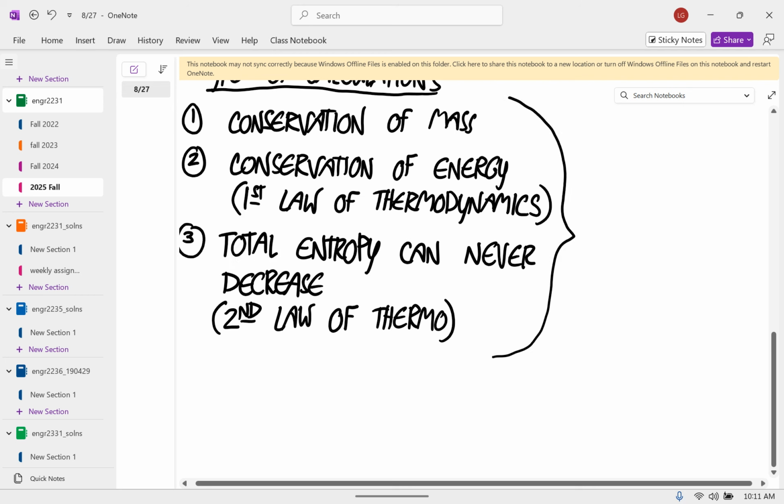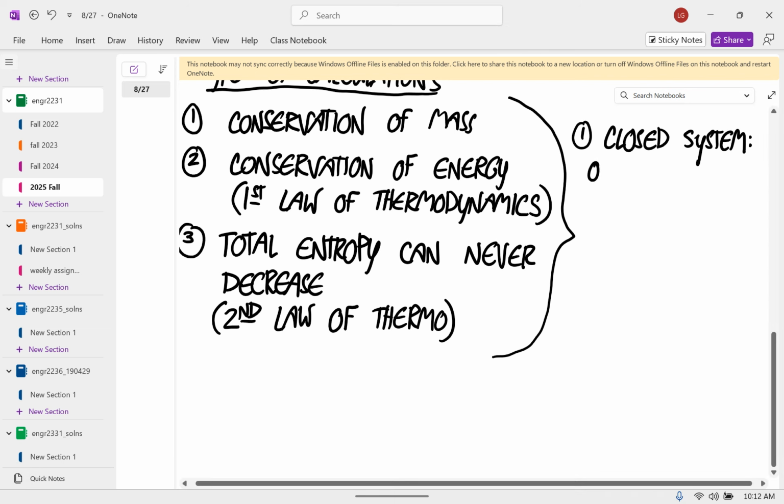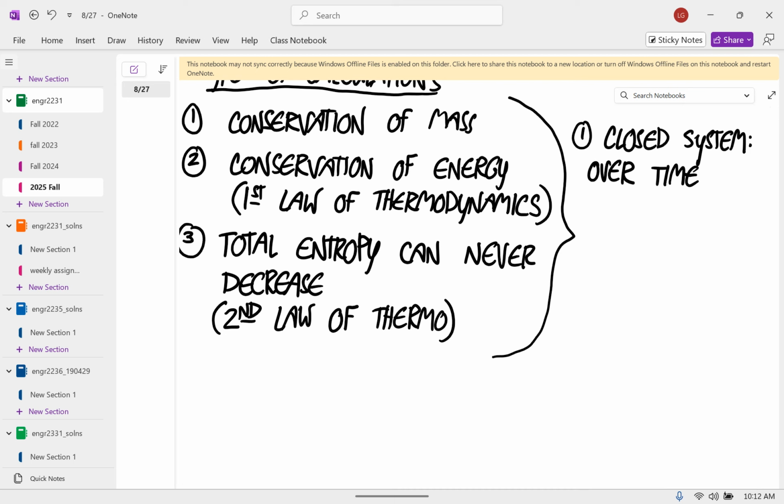all of them, we're going to do with kind of two approaches. The first one is called a closed system. And this means that over time, we're tracking the same molecules, the same material.